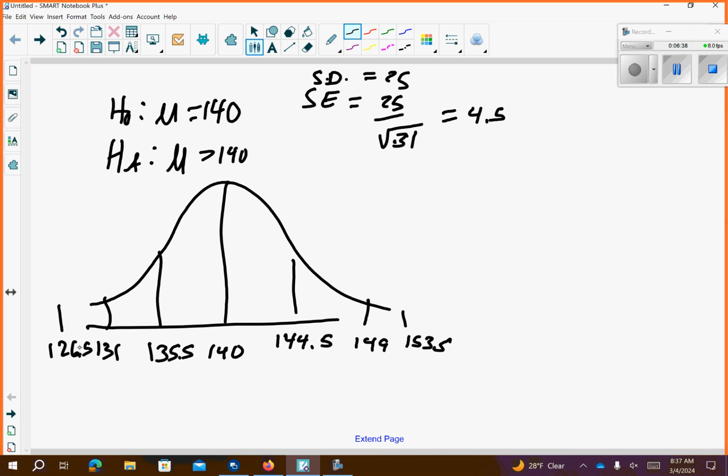They're saying that this person had a blood pressure reading of 144.5, and then we're shading this way.